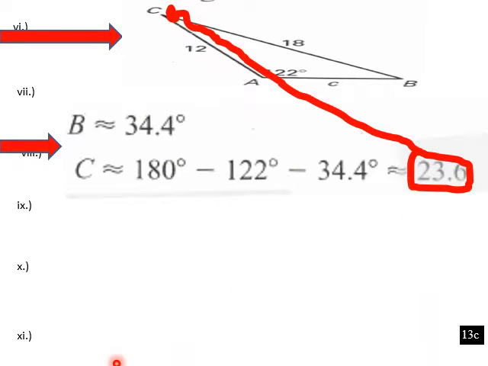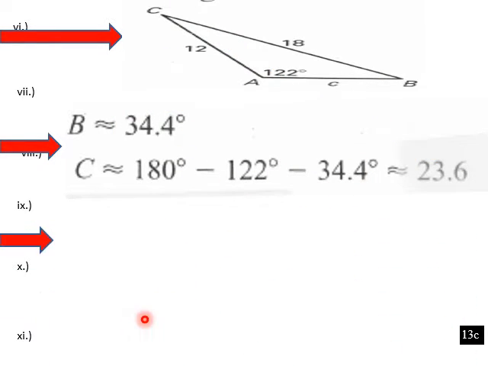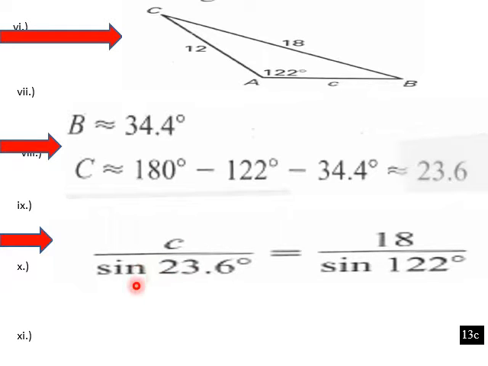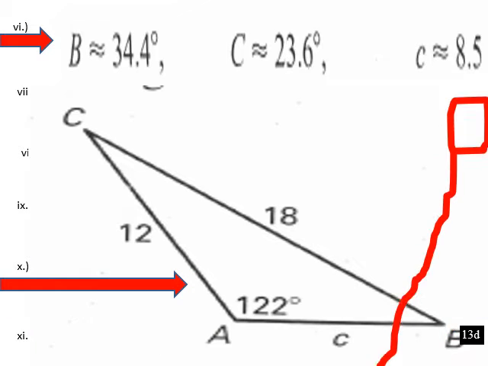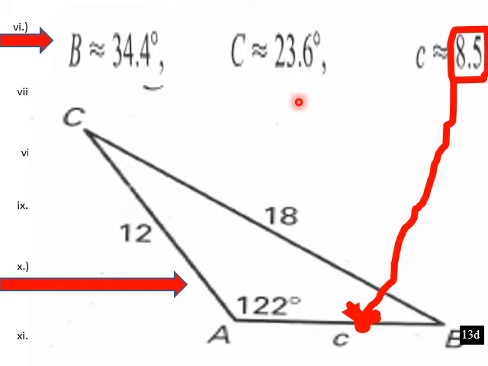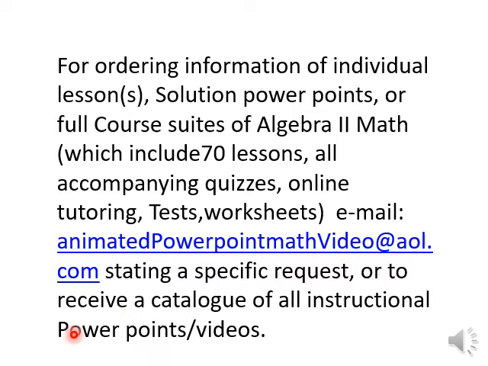There's B, and then C is 23.6. So now we can set up our proportion to find c, and we get 8.5 for the length of c. And that's our triangle right there: 34.4, 23.6, and 8.5. That was part 1.